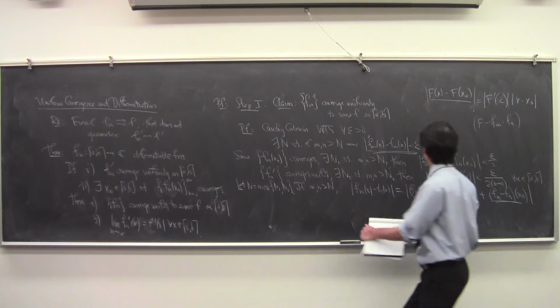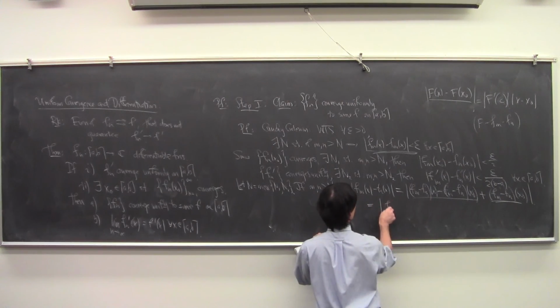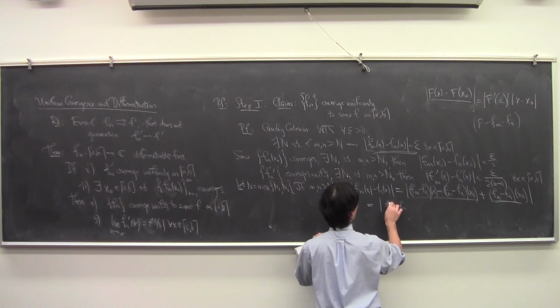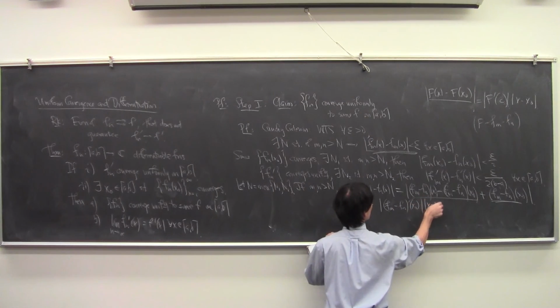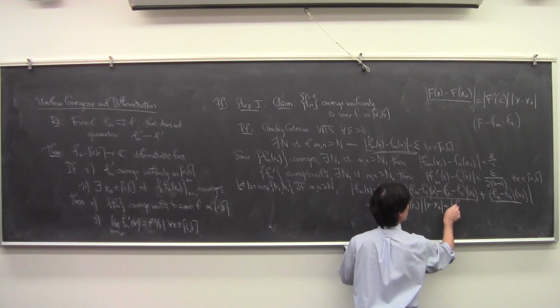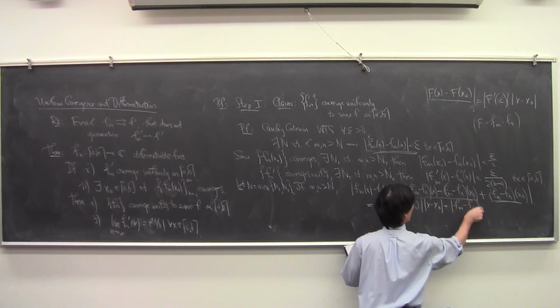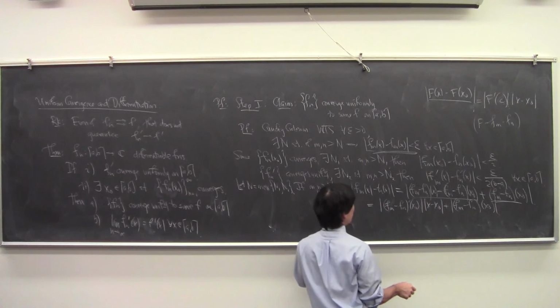Okay, so this is equal to (fn prime minus fm prime)(c) times the distance between x and x0, plus this thing here, fn minus fm at x0.